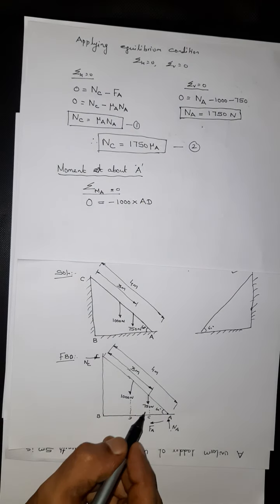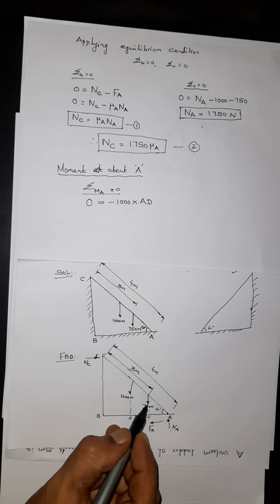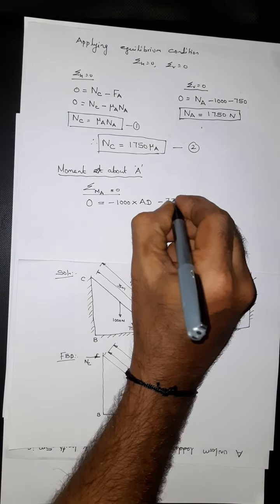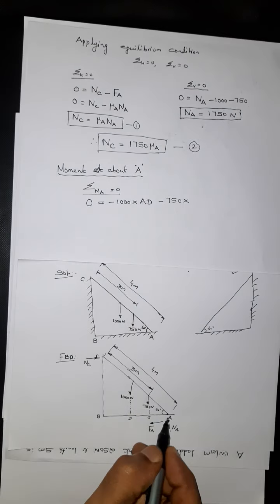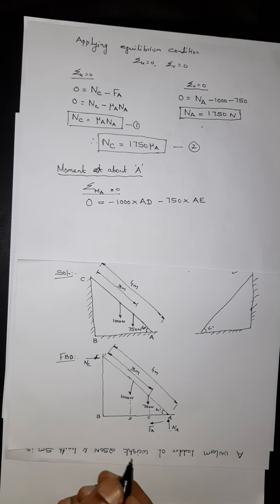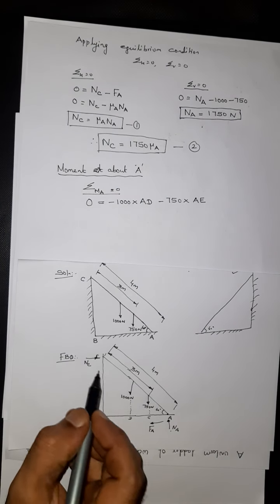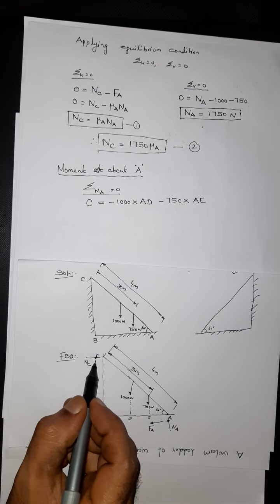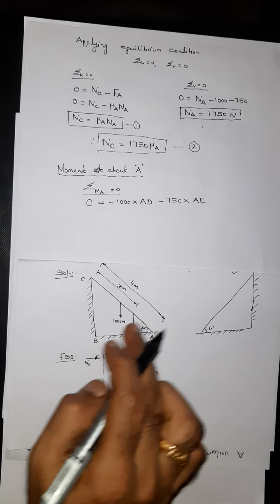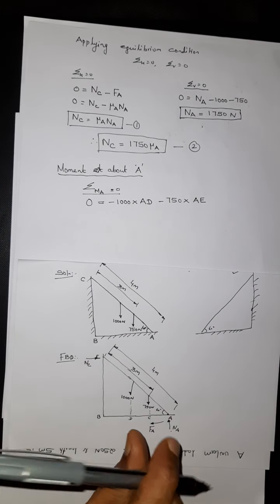Right? And next, here one force is there which tries to rotate in the anti-clockwise direction. So 750 into its perpendicular distance AE. Got it? Now, anything else? Yes, there is a normal reaction acting at point C, and it rotates in the clockwise direction.